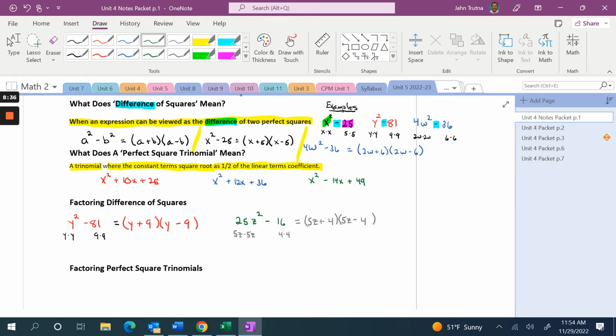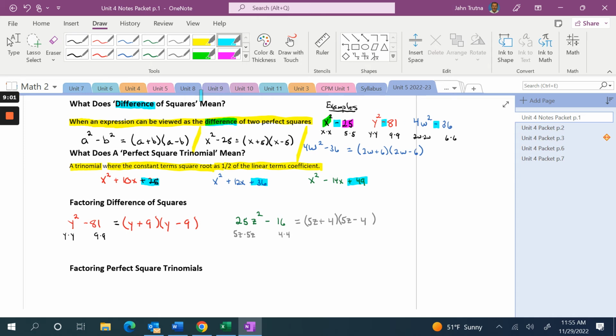Now, it says it is going to be the constant term's square root. So remember, the constant term is the term in a trinomial or any expression that does not have the variable next to it. So in this case, the constant terms are 25, 36, and 49.